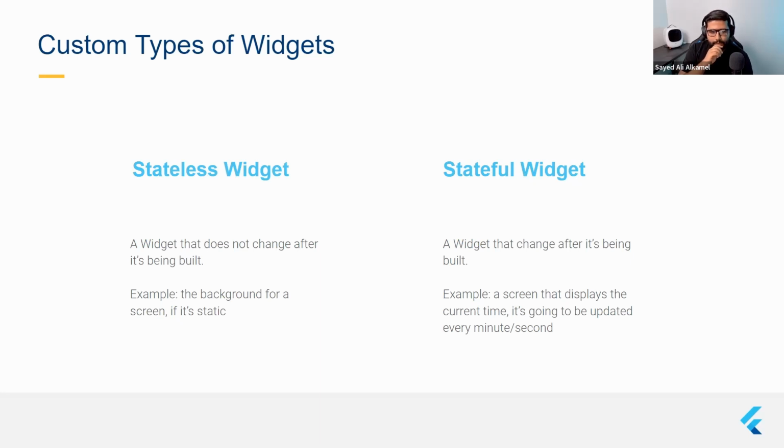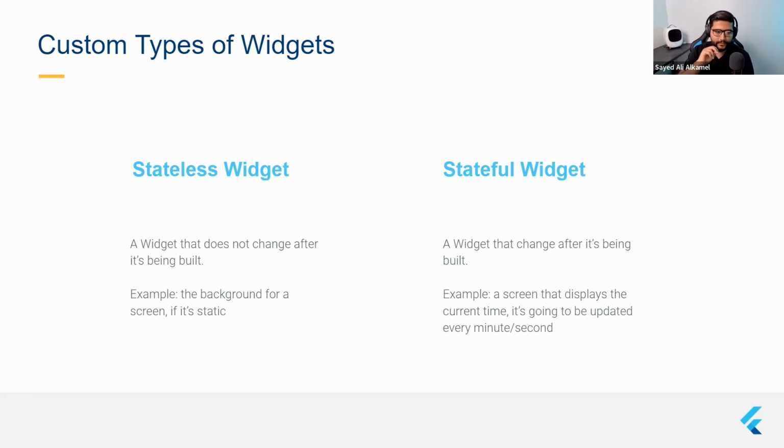The difference between a stateful and a stateless widget: a stateless widget is something that will not change. It's a static widget that will be displayed the same way from the beginning until the end of its life. However, a stateful widget is something that will change.